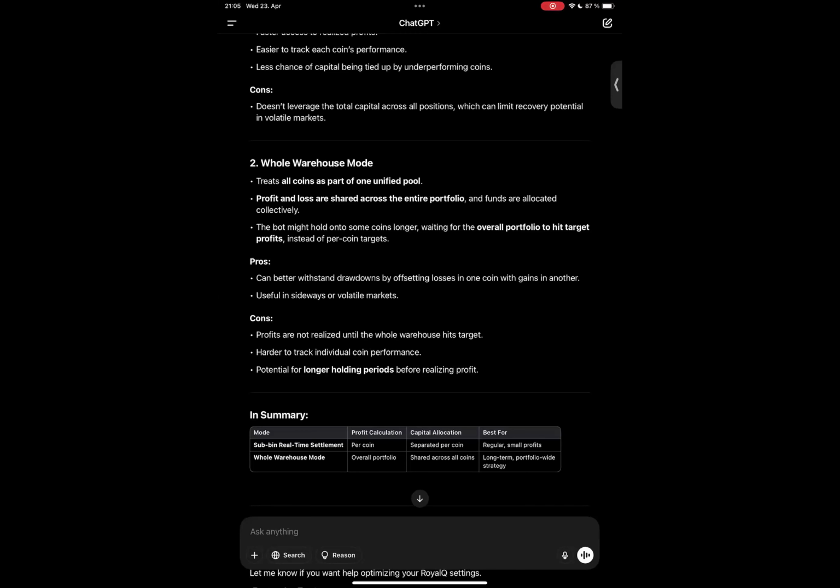Pros: can better withstand drawdowns by offsetting losses in one coin with gains in another. Two, useful in sideways or volatile markets. Then cons, that is the negative. Profits are not realized until the whole warehouse hits target.